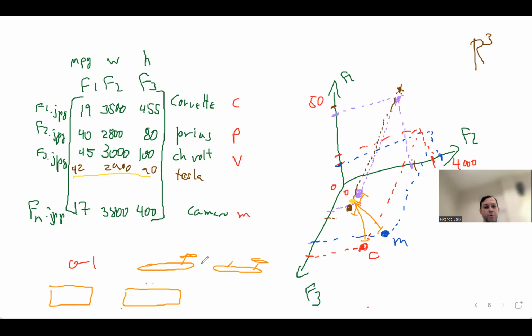So if you introduce these metrics for the Tesla, when you render an image, that image would look more like these 2 cars, right? Than these 2 cars. You would actually take the average of these 2 to produce a new car. You see that? That's the idea. But remember that the images are not part of this space.